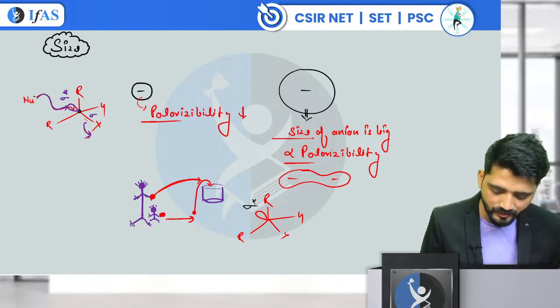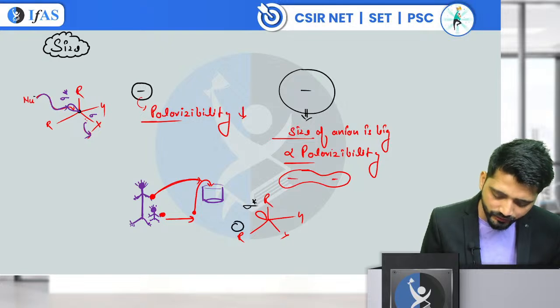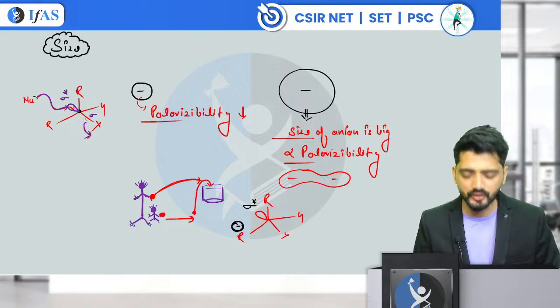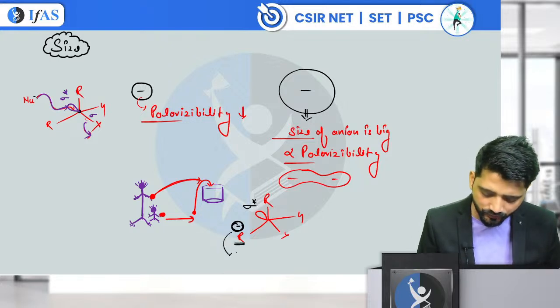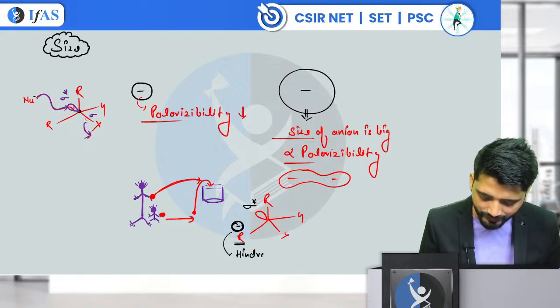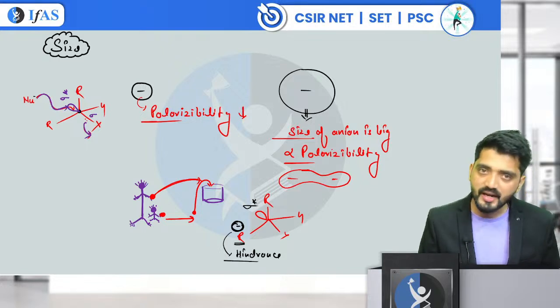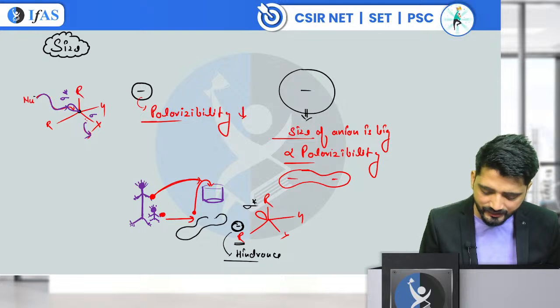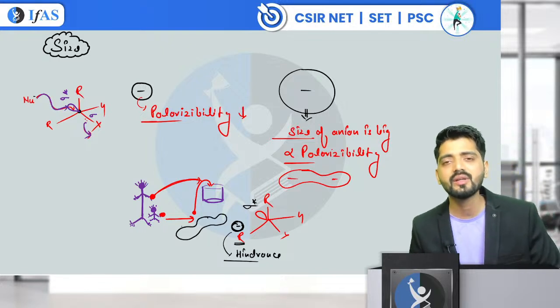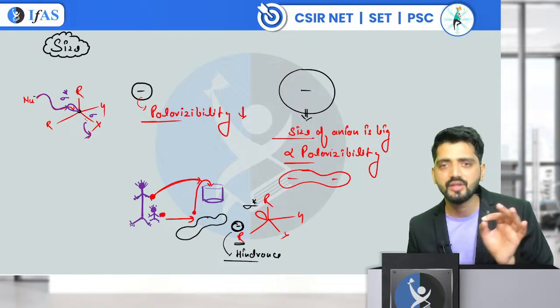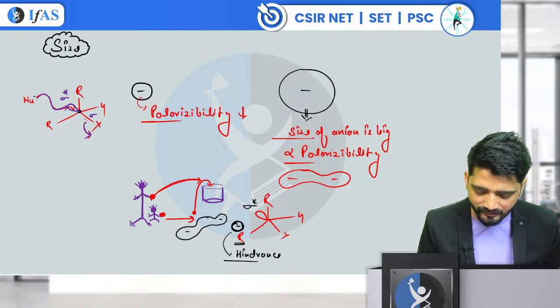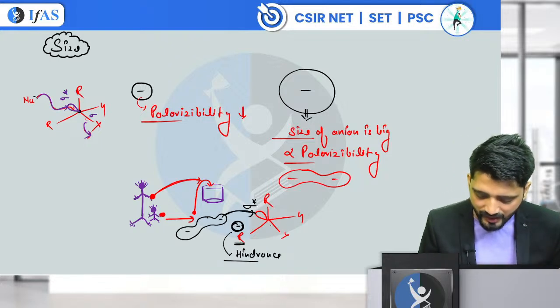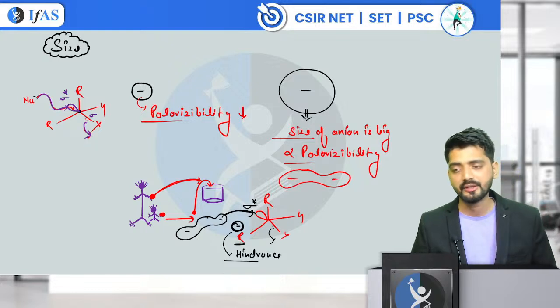A smaller size anion, in order to attack into the sigma star, will come very much closer to the R groups, and because of this it is going to face hindrance. Whereas a large size anion has a benefit that it can get easily polarized. It means its shape can be easily deformed. It very easily attacks into the sigma star and the leaving group is eliminated.